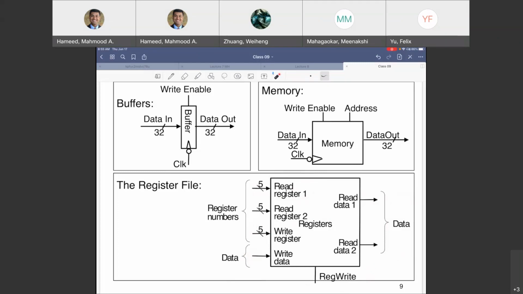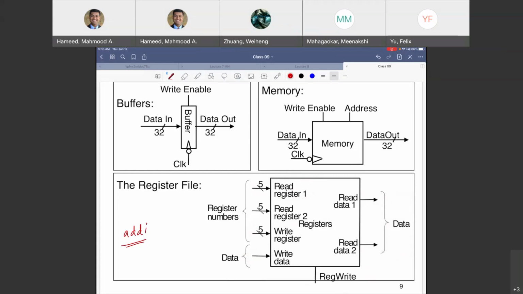Do I need to sometimes write to a register file in I type instructions? So add I, right? That is an instruction in which you will add a constant to a register and put the result back into the register. So you will need to write the register there, right? So for jump instructions, you don't. For I instructions, add I, you do, right?